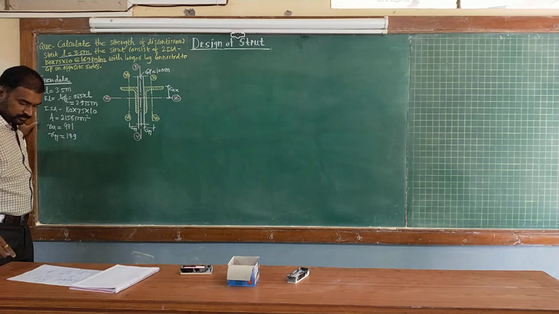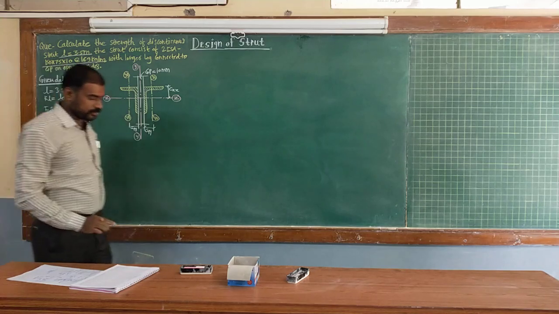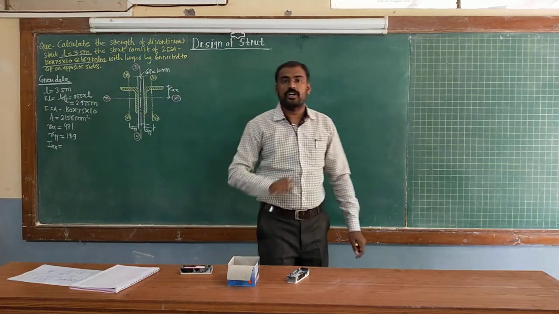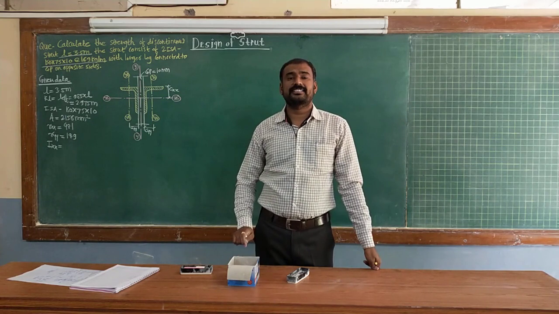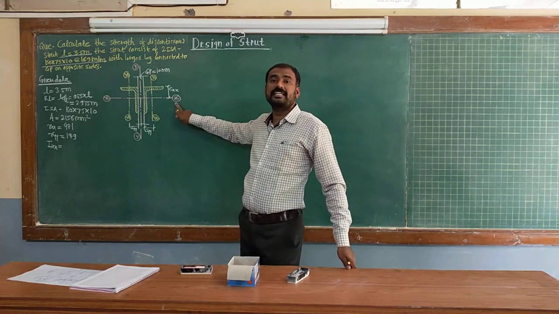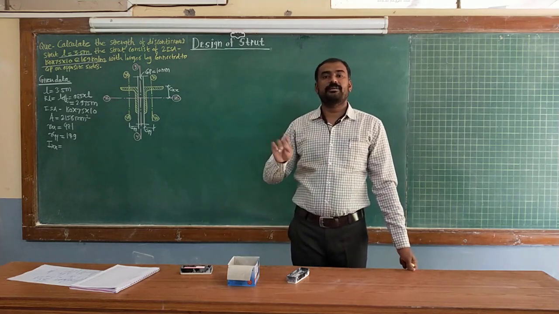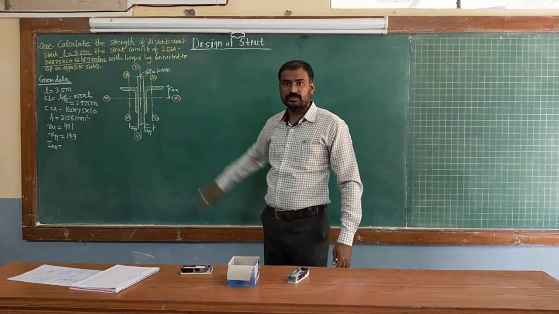Correct? Then next the moment of inertia, so Ixx equals. Here you always need to remember that in your steel table the horizontal axis is mentioned as the x-axis, and for calculation purposes we always treat that horizontal axis as the z-axis. So Ixx mentioned in your steel table is nothing but your Izz value. Correct?